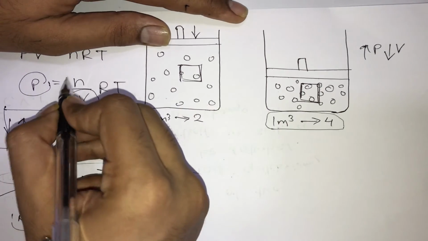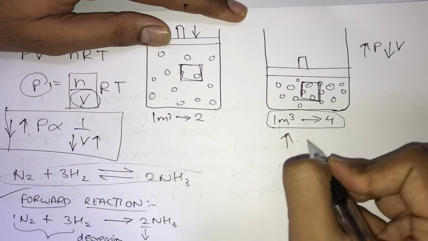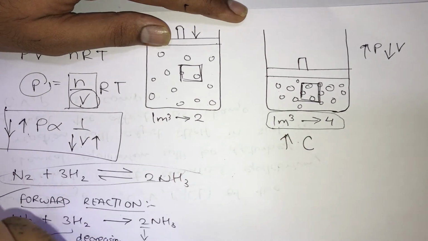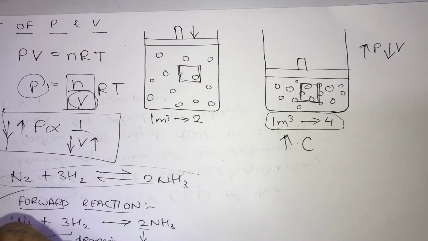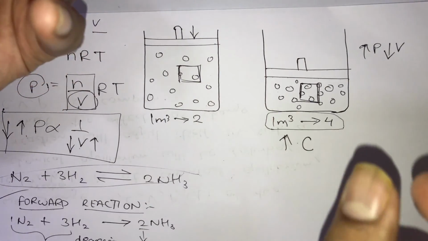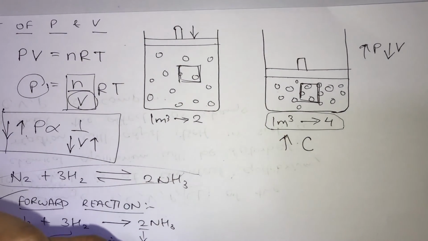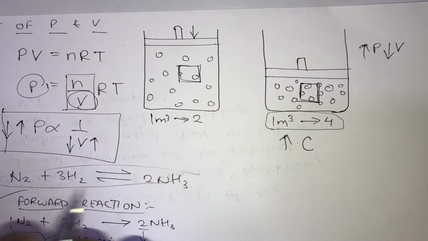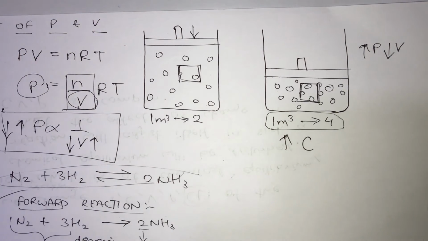And if the number of moles increase per volume, then can I say that the concentration has also increased? What is concentration? Concentration is nothing but how many molecules are present in 1 meter cube or any area or any volume, I mean to say. So here can I say that the concentration has increased? Why? Because the number of molecules have now increased.